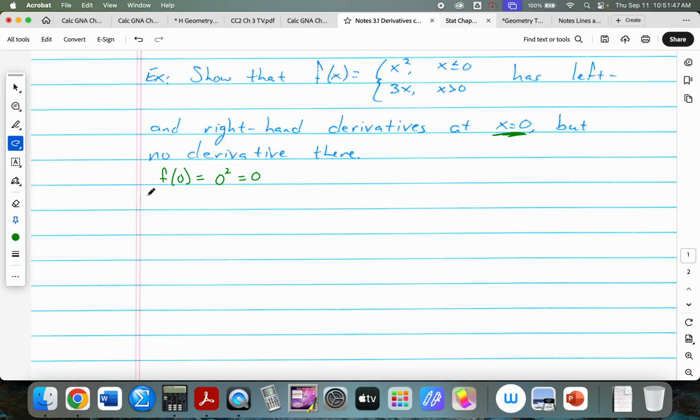So when I do a left-hand derivative, I'm going to do the limit as h approaches 0 from the left of f of 0 plus h minus f of 0 all over h.